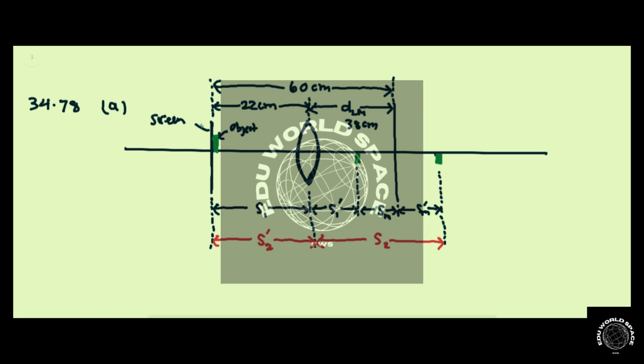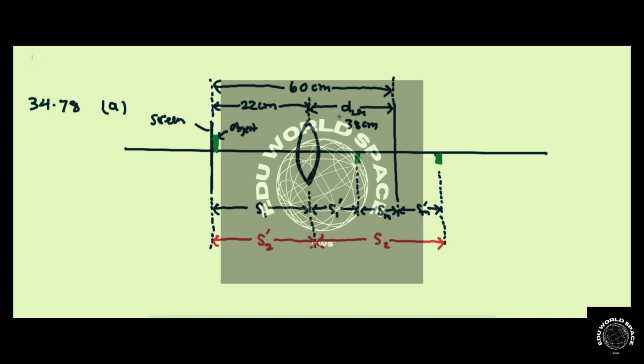And in part A, we were asked to draw a diagram indicating basically what's going on. So right away, from knowing that the object and the mirror are 60 centimeters apart and that the lens is 22 centimeters from the object, we can find the distance between the lens and the mirror, which is nothing more than the distance from the object to the mirror minus the distance from the object to the lens.